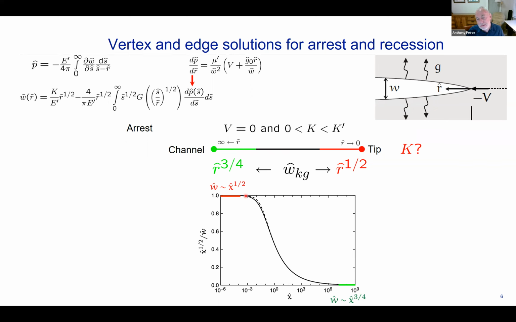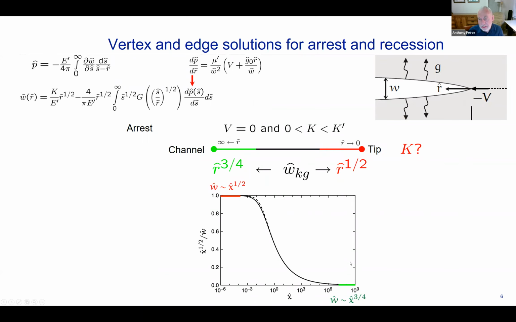So if you want to use larger elements, you need to account for this multiscale asymptotics. We identified this G or 3/4 asymptote, which starts to encroach on the square root asymptote. As you move away from the tip, the fracture goes from square root down to the 3/4.